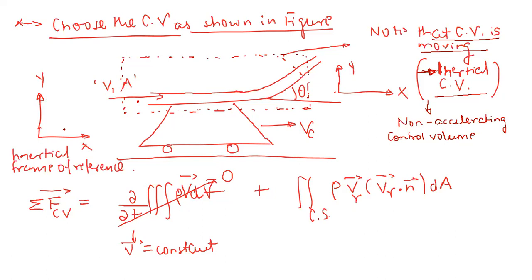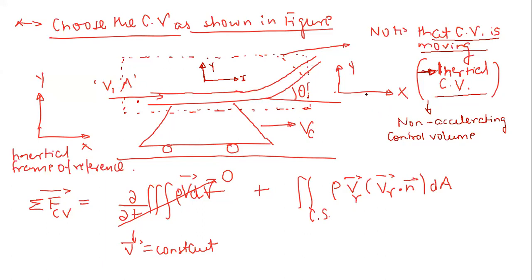So what do we mean by the word inertial? Inertial means there is no acceleration in that particular frame of reference. So let's say I choose a separate frame of reference which I attach to this control volume. Although this control volume is moving, since it is moving with a constant velocity, there is no acceleration in this control volume.